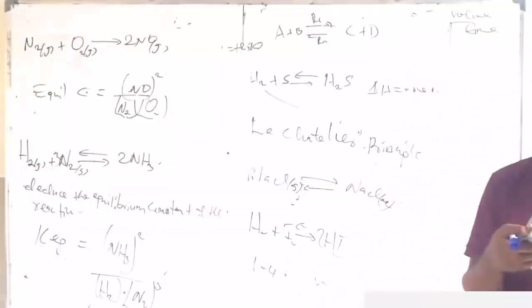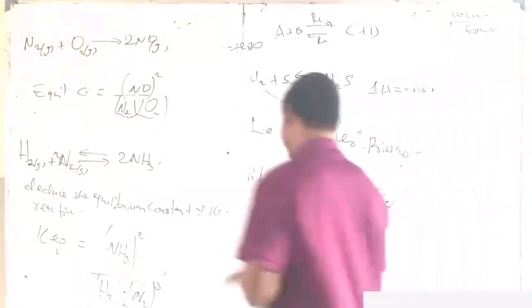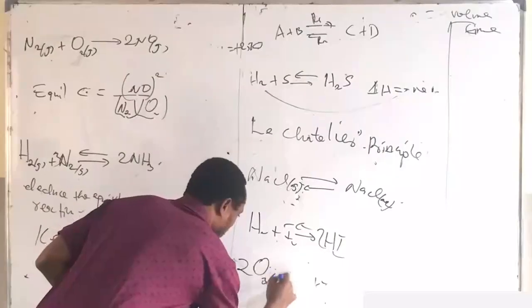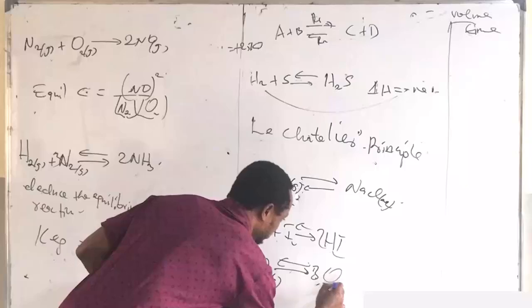Option C, 2O3, double arrow, 3O2. That one is 2O3. Make it 2O3, please. 2O3, then 3O2.